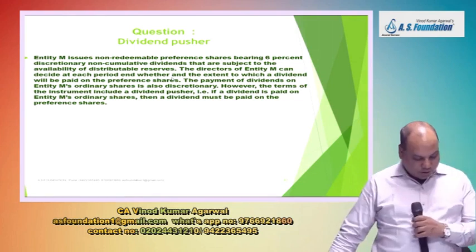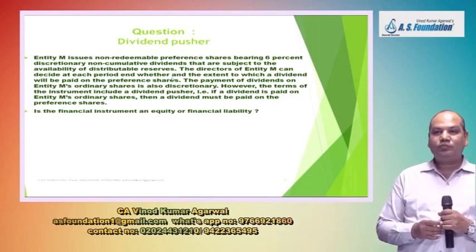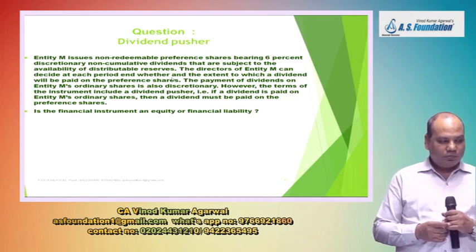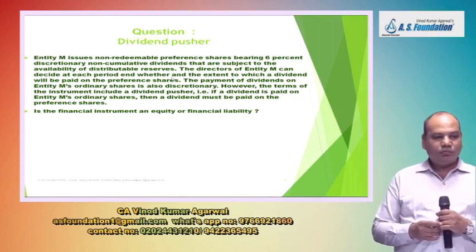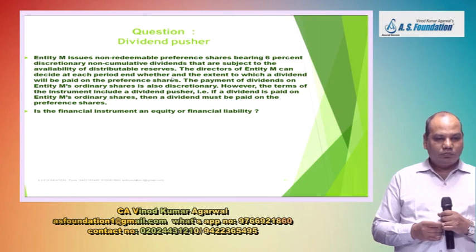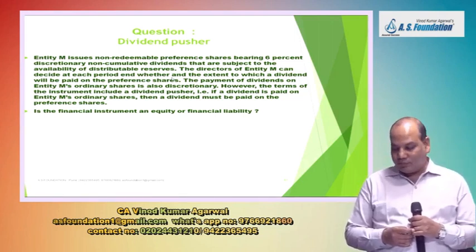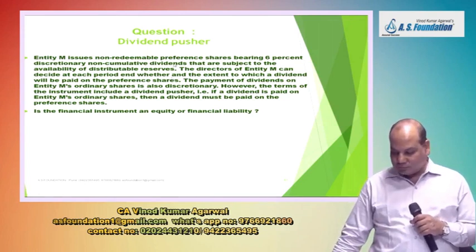Question is same, whether this is a financial liability or equity. Entity M issues non-redeemable preference share bearing 6% discretionary non-cumulative dividend that are subject to availability of distributable reserve.